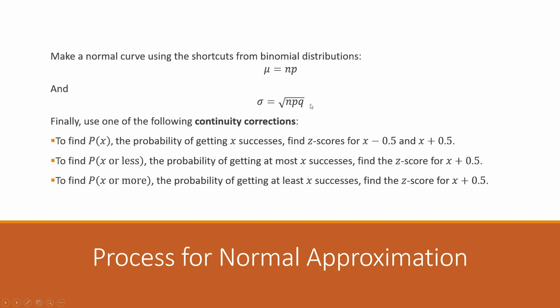And once you've got your mean and your standard deviation, well, look at that. You've got a normal curve now, right? You can start getting z-values, or z-scores, sorry. And the way you'll get z-scores is using continuity corrections. Basically, you're going to use all the values that would round up or round down to the number of successes that you care about. And that's the whole process in a nutshell.